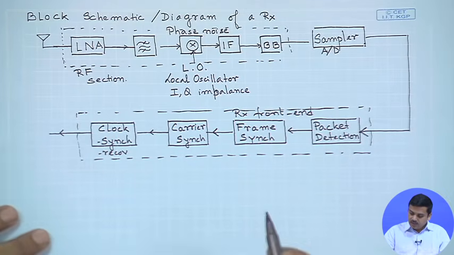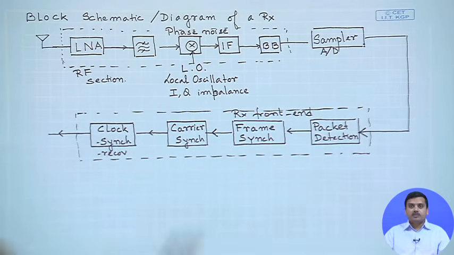Packet detection, because in digital communication systems you may encounter transmission in frames or you may encounter in packets. One particular example is the Wi-Fi, which you commonly use, where there is burst mode of transmission. So suddenly there is a packet and suddenly there is nothing transmitted, whereas the receiver should be constantly awake and should be listening to the transmissions.